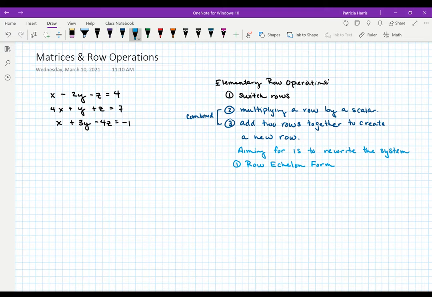Okay. Or even better, but it takes a little bit more work, reduced row echelon form.